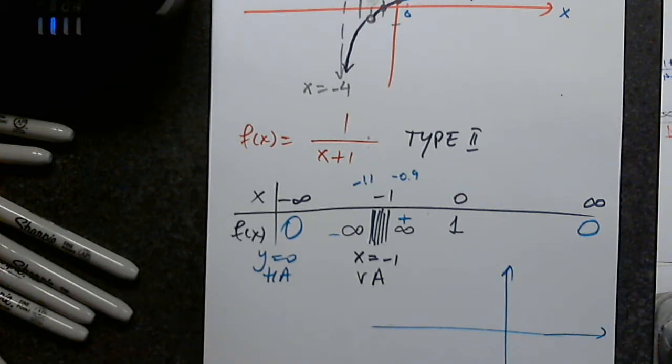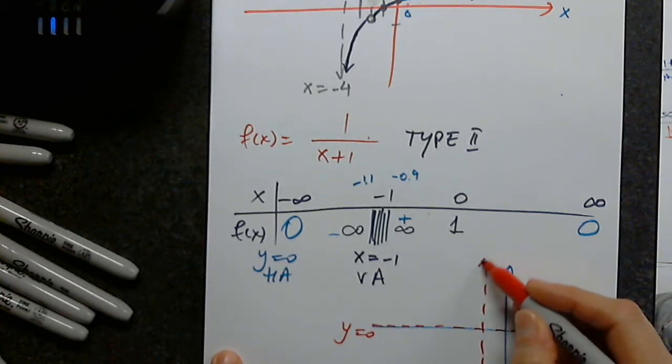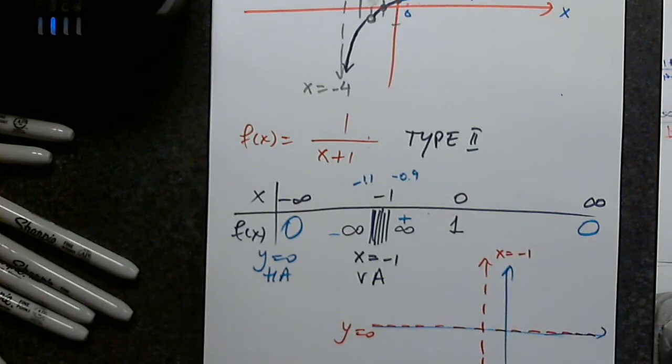In this case, this is an overkill. We don't have to graph the y equals 0 again, but I'm trying to make a point so you don't forget. Y equals 0 is the horizontal asymptote. X equals negative 1 is the vertical asymptote. Well, let's look at the chart and decide where it's going. It's coming from 0, going to negative infinity on the left-hand side of the vertical asymptote.